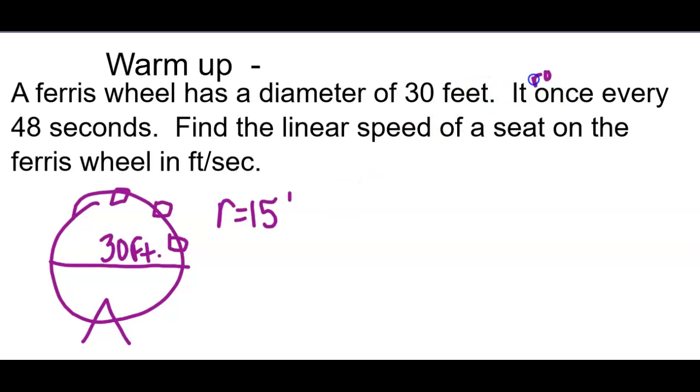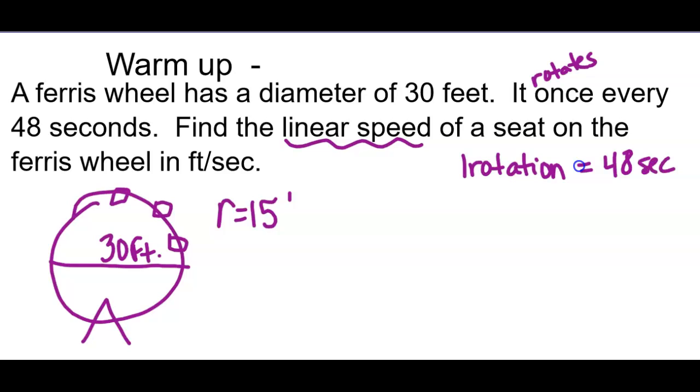I assume that's supposed to be rotates once every 48 seconds. So the time we're talking about is 48 seconds. Find the linear speed. So it rotates one rotation in 48 seconds.